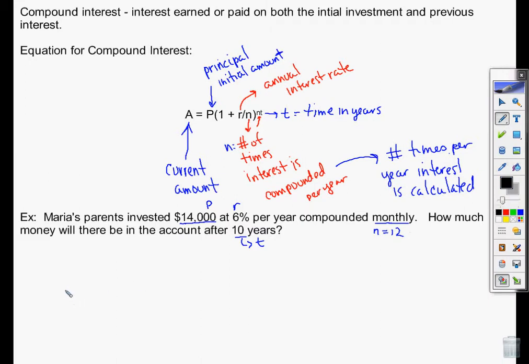So I'm going to take that and plug it in. So I have 14,000 times 1 plus R. Well, R is 6%, so that's 0.06. So I have 0.06 divided by 12. And that's to the 12 times 10 power.